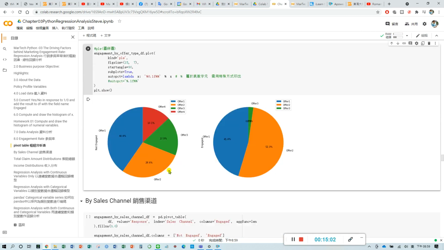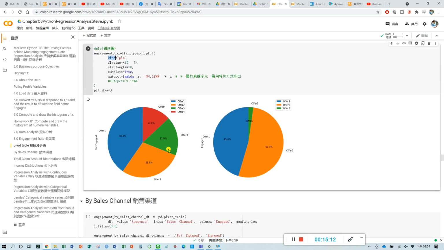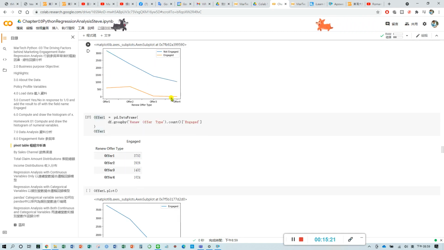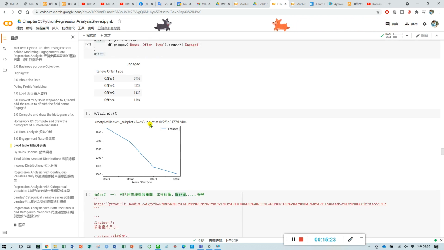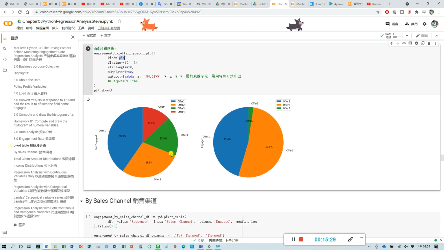So here the kind, the type of your diagram, is pie. You may see the distributions with the pie diagram. Previously it was a line, right? So we can have the pie diagram for your data.